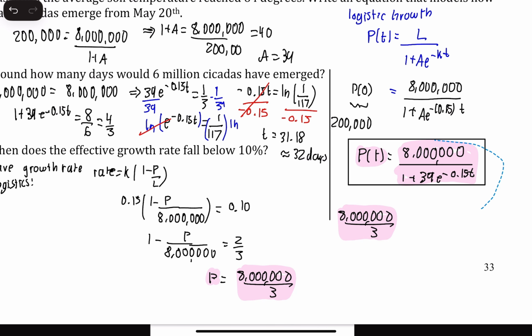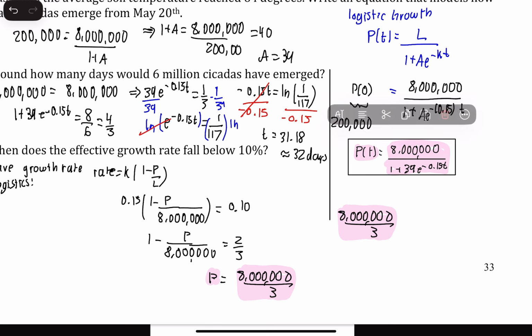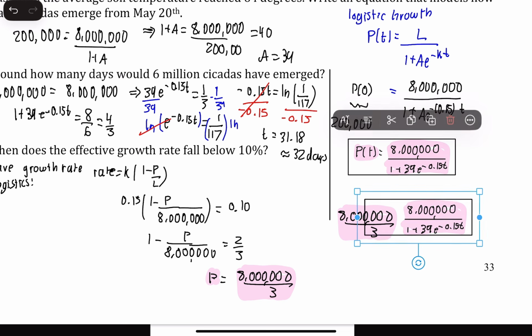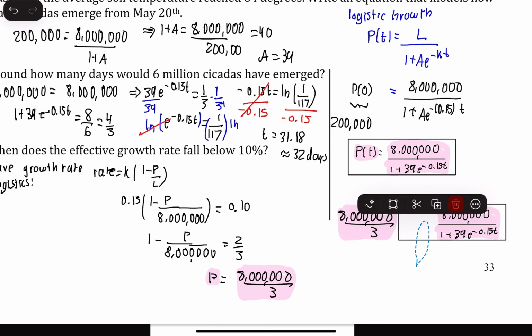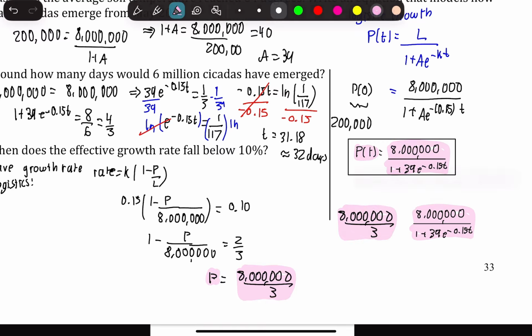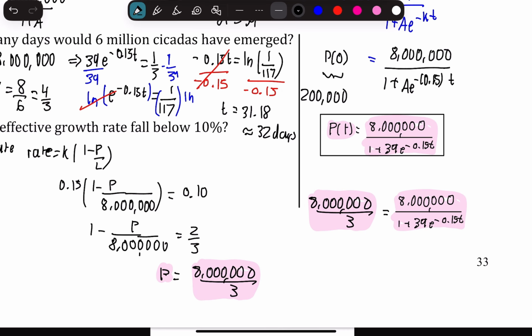So let's take the answer that we got from part A, put that over there, and now you're just going to solve for t. So you have 1 plus 39 times e to the negative 0.15t, and that's going to be equal to 3. And then after that, you have 39 times e to the negative 0.15t, and that's going to equal 2. So that means t is going to be approximately 19.8. So basically, it's equal to like 20 days.